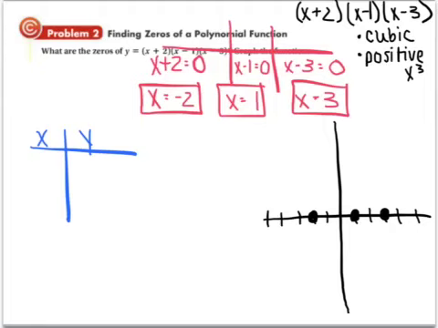So let's try 0. If x is 0, what is my y value going to be? What you need to do is go back to the original polynomial that was given and plug in 0. 0 plus 2, 0 minus 1, 0 minus 3.